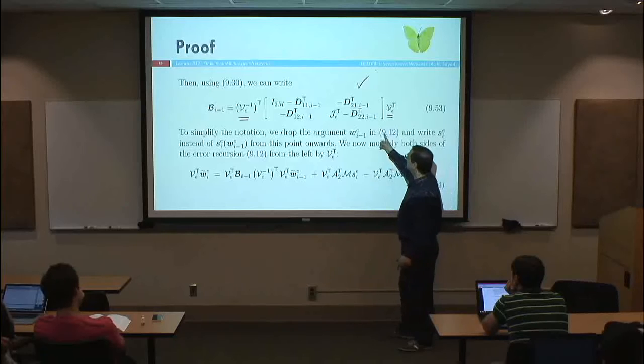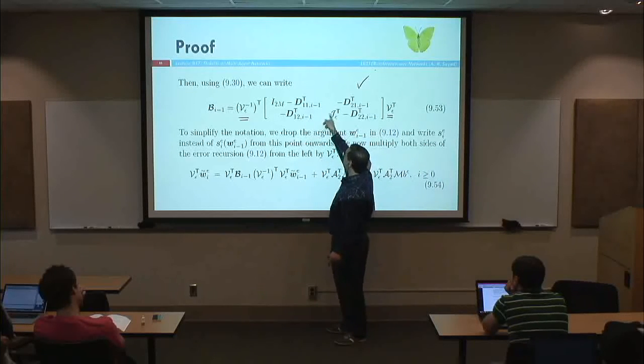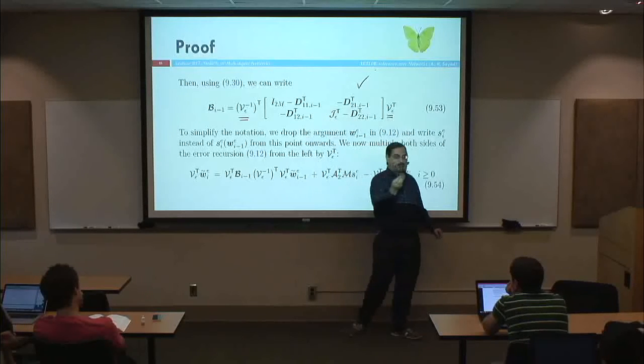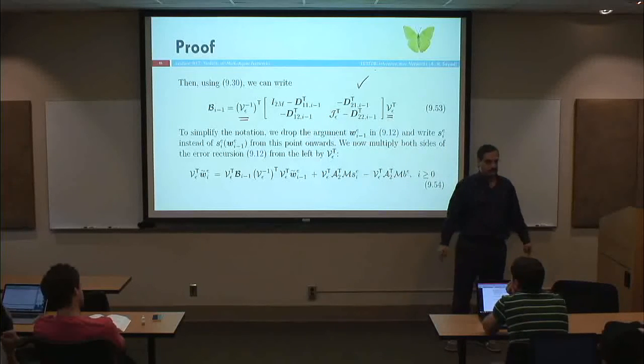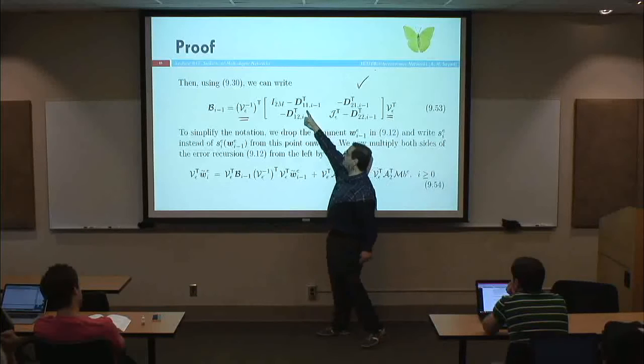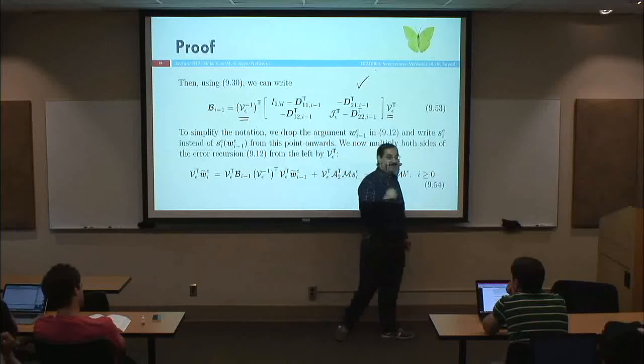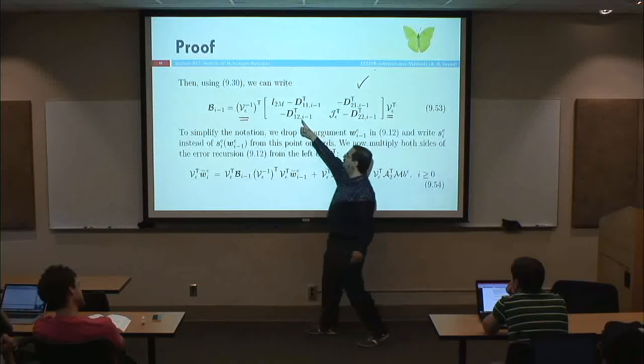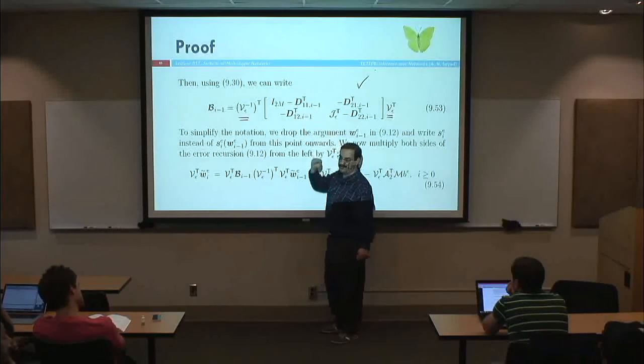So B is similar to this matrix in the middle. The off-diagonal entries are small, of the order of mu. The 1-1 block entry has stable eigenvalues, I mean, all the eigenvalues are strictly less than 1 in magnitude. But they are all of the form 1 minus some sigma times mu max.